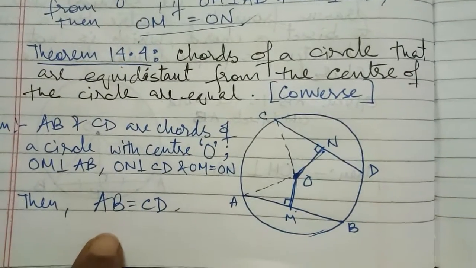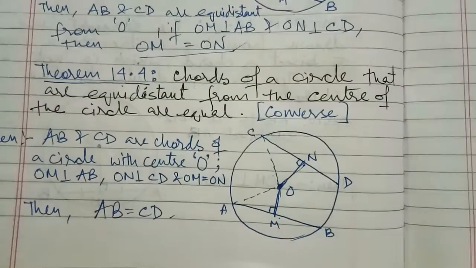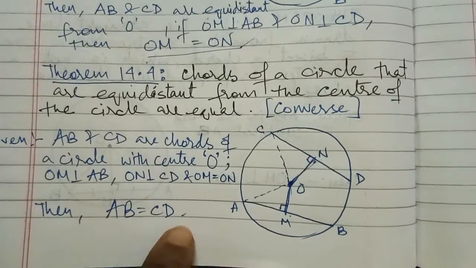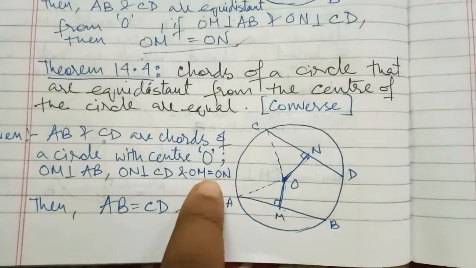Then from here we can easily write down AB equals CD. That means AB chord equals CD chord. When will it be? When these distances are given equal here.